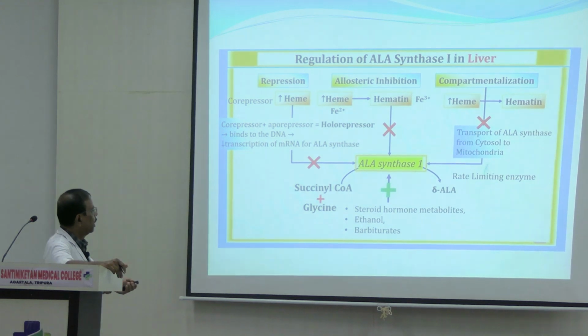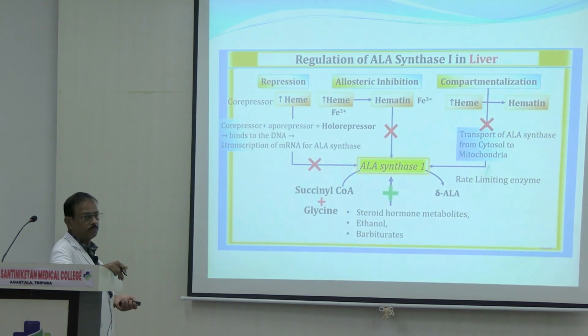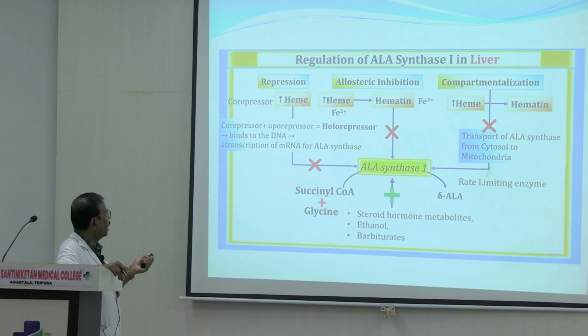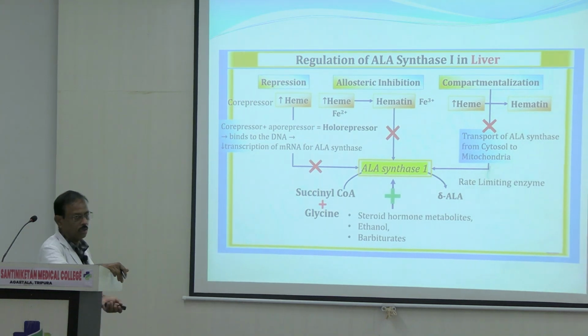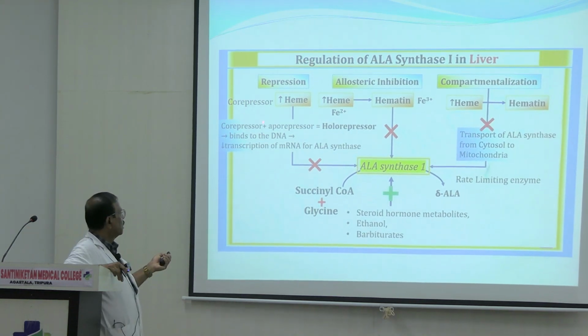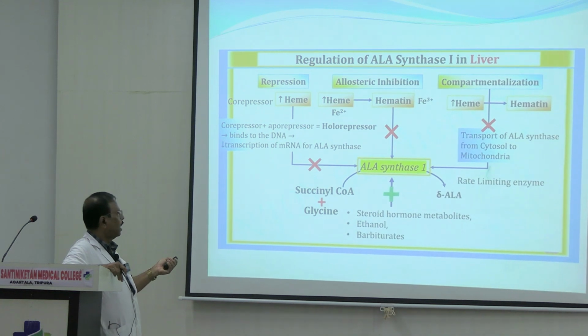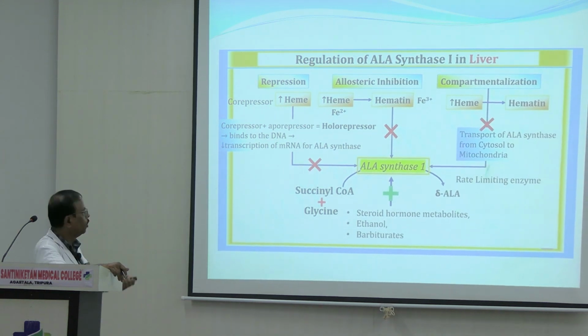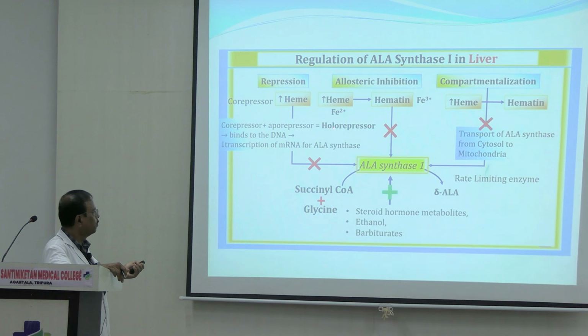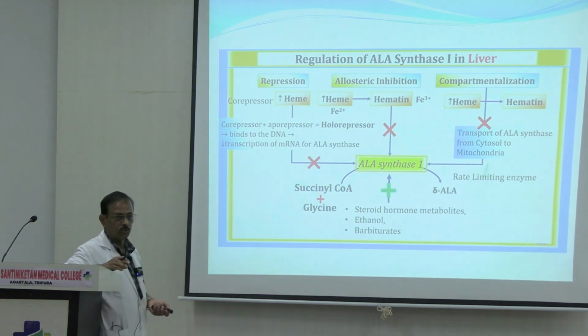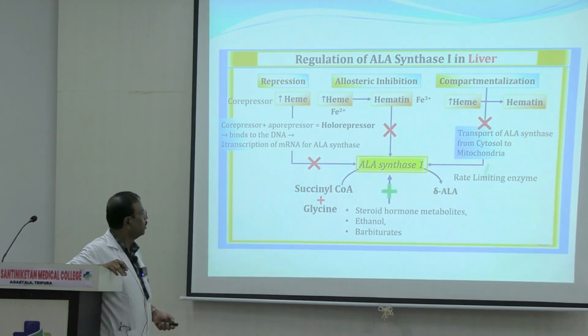Now, heme itself acts as co-repressor. Co-repressor binds with aporepressor and makes holorepressor. Holorepressor is the main substance which can regulate the gene expression.